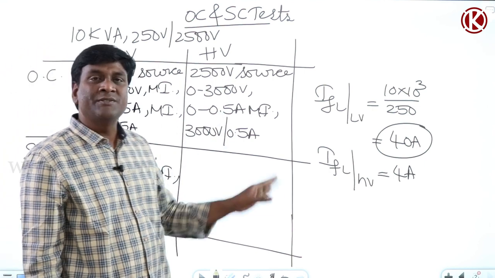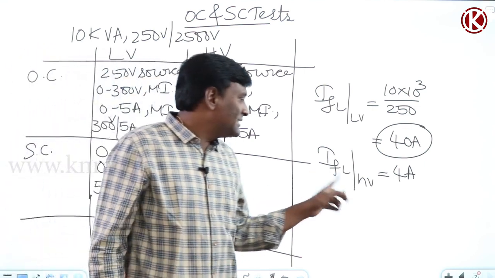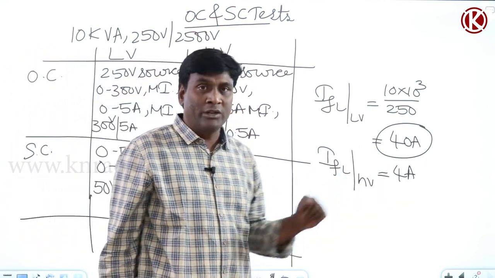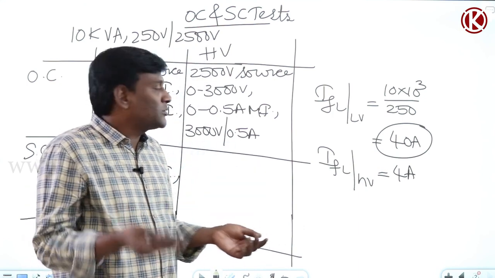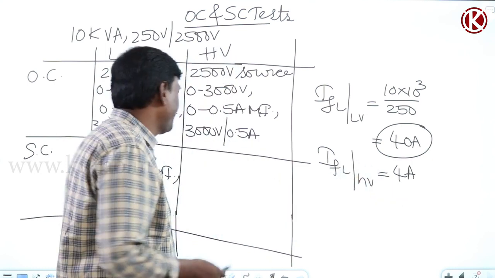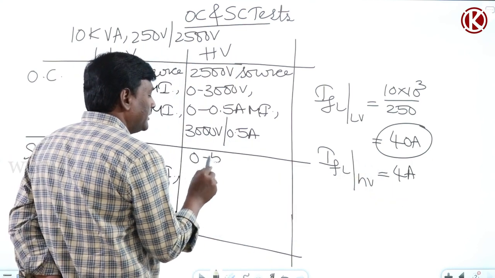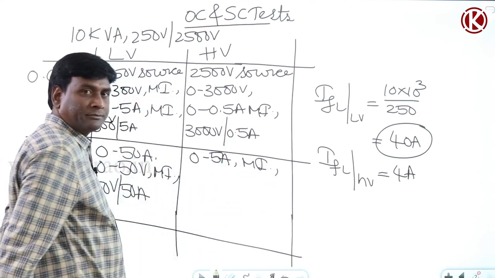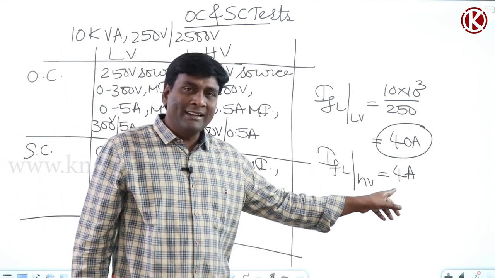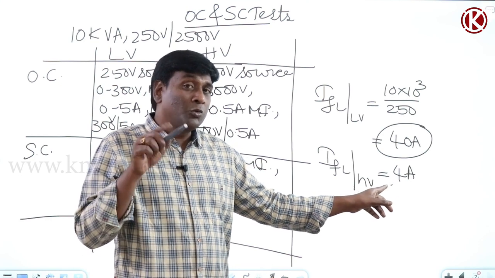Okay, now let us think of the SC test if I conduct it on the HV side. The HV side rated current is going to be 4 amperes. You can conduct your SC test at any current level, but the maximum current can be 4 amperes. So this is going to be 0 to 5 amperes, MI. Now, in order to circulate full load current, how much should be the short circuit voltage to be supplied?